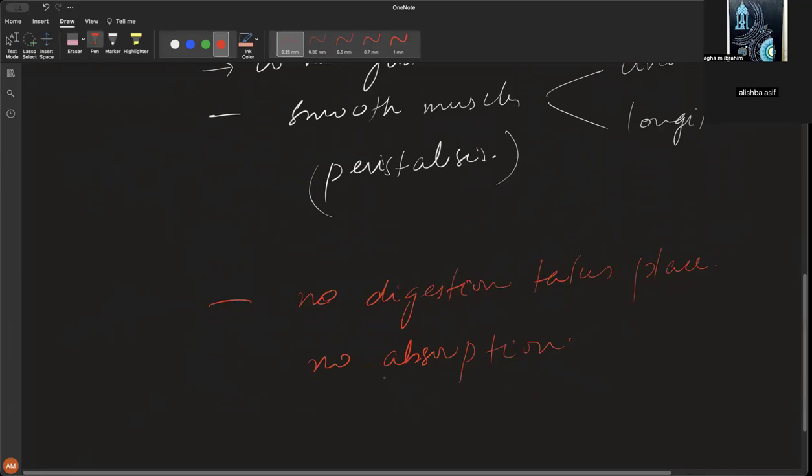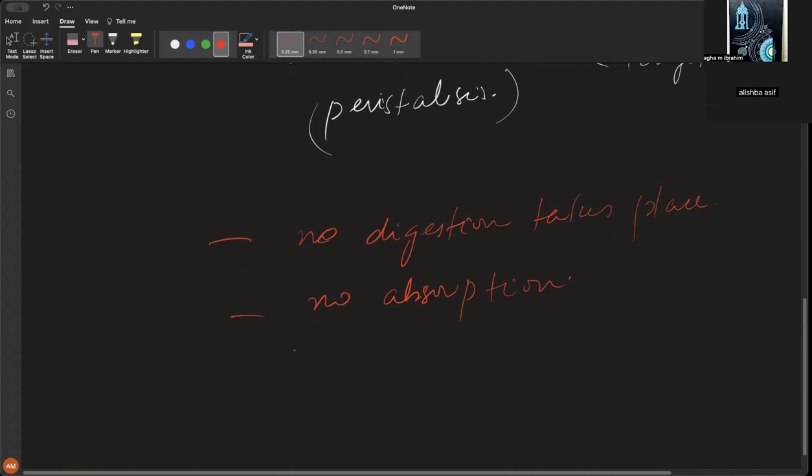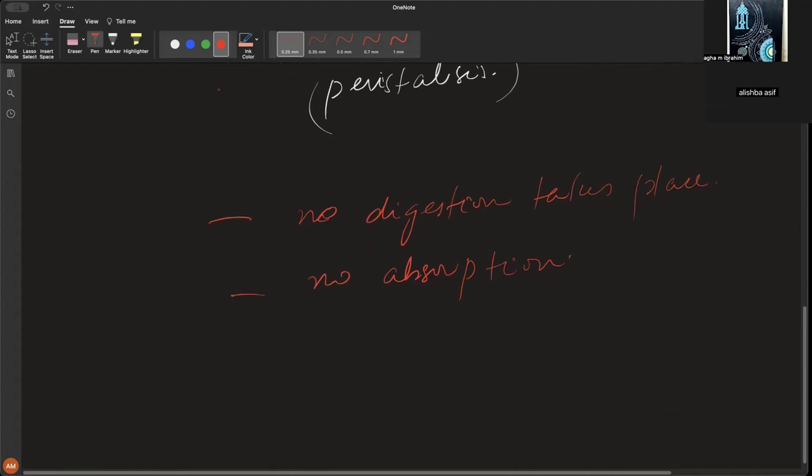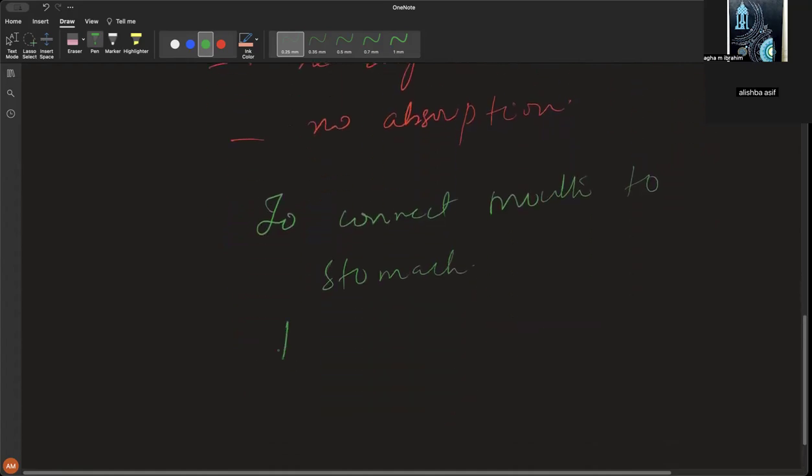The main function is what? To connect mouth to stomach. It takes the food, or the bolus now, to stomach.